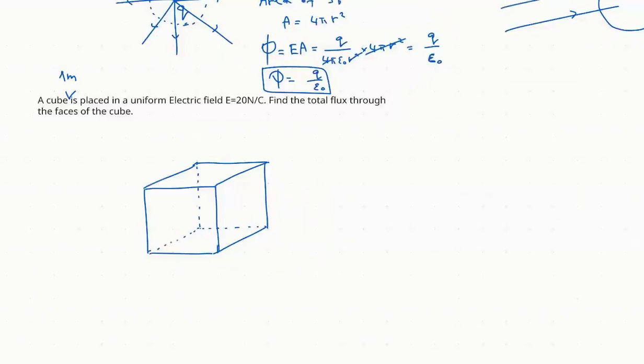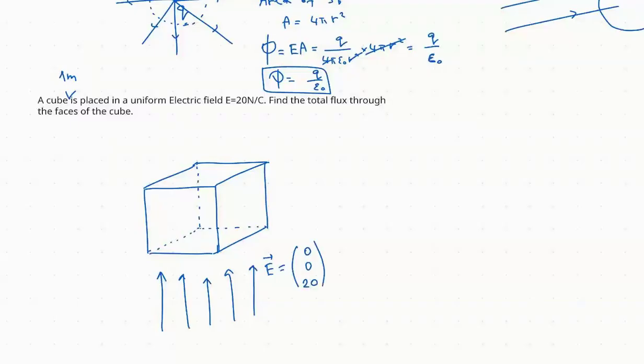So I have 6 faces. Imagine the electric field is going from bottom to top. The electric field is a vector, so I'm going to write it as a vector. It's 0, 0, 20. Okay, because it's going up.